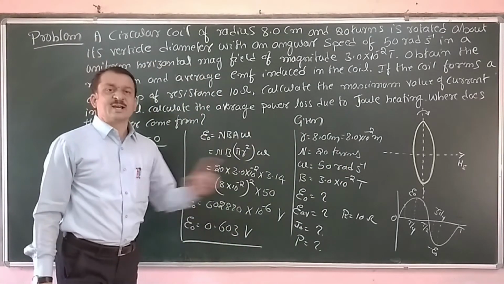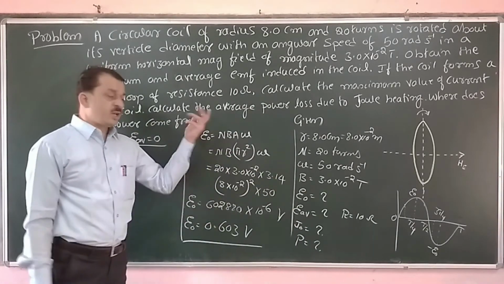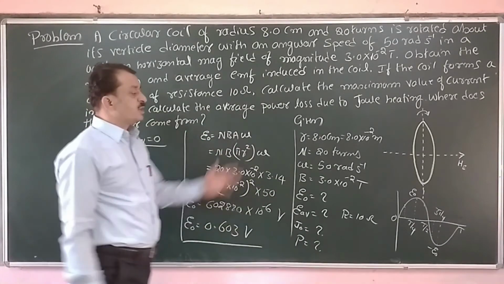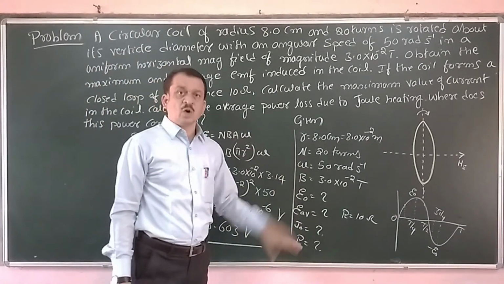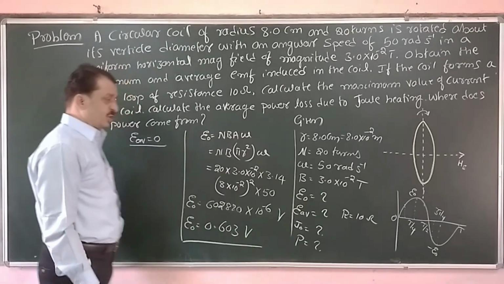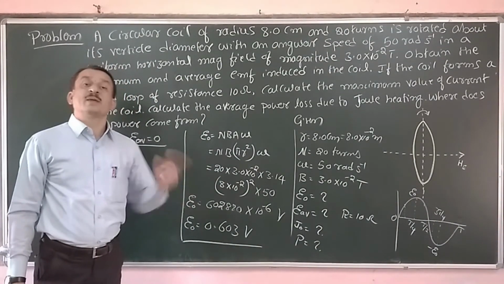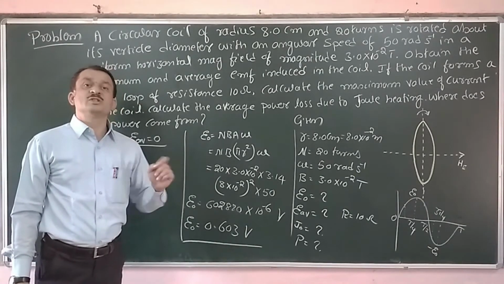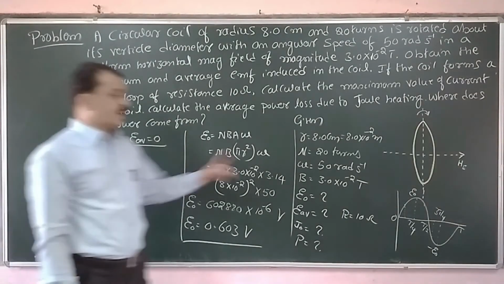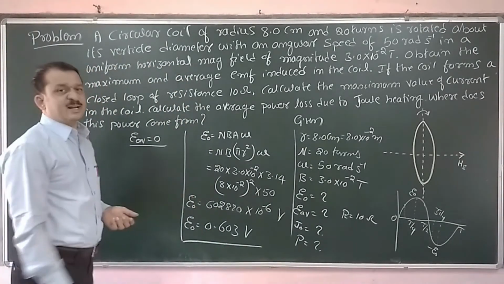In one complete cycle, the average value of induced EMF, average value of current, average value of voltage, if you work out, comes out to be 0, the algebraic average. In order to avoid that, we introduce the RMS value, root mean square value of the current. That we will study in the next chapter, the AC alternating current chapter.